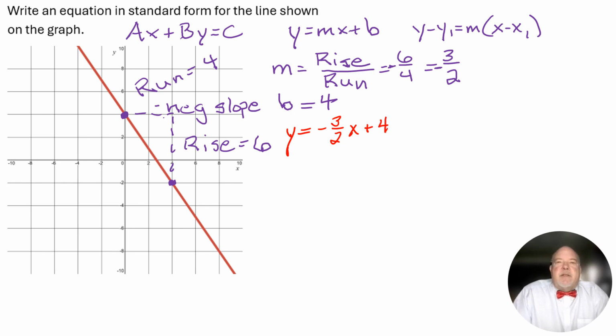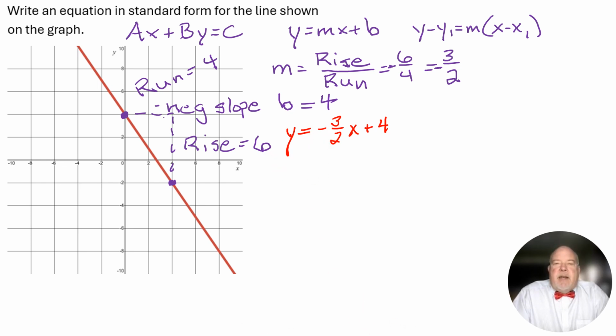Now we need to get this into standard form. Standard form, we wrote up here, is ax plus by equals c. You can see we need the x and the y on the same side. So we're going to take this -3/2 x and move it to the other side by adding it to both sides. It's negative, so I'm going to add it on both sides.